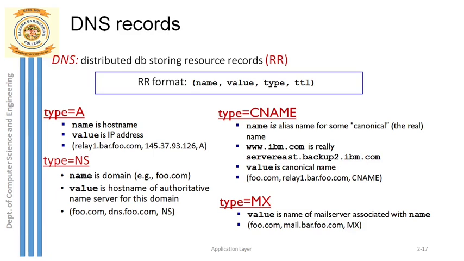So this type of record will be directly stored in the authoritative DNS server, which contains a list of IP addresses of all the web servers belonging to its company. So this type, a direct mapping to an IP address, type A records, is stored in the authoritative DNS server belonging to the organization.